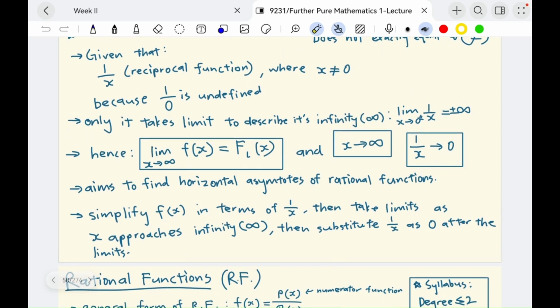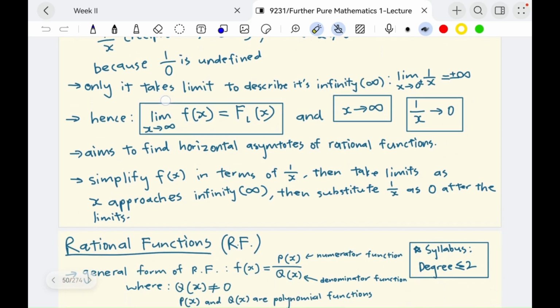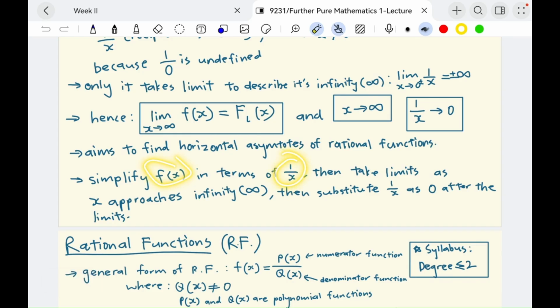So how does this work? First, you have to simplify f(x) until you see a term of 1 over x. Because if you simplify f(x) but can't get 1 over x, that limit is said to be divergent.